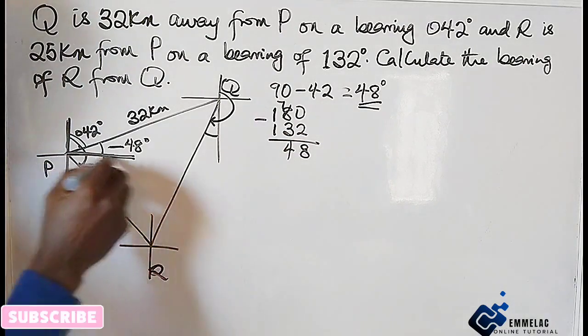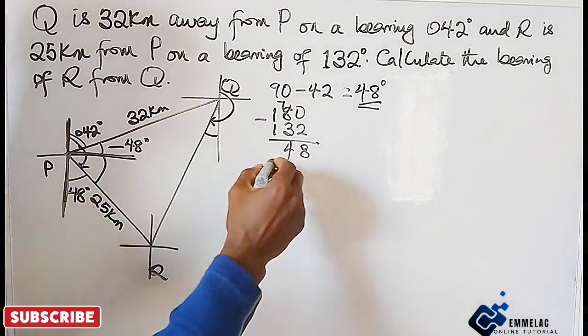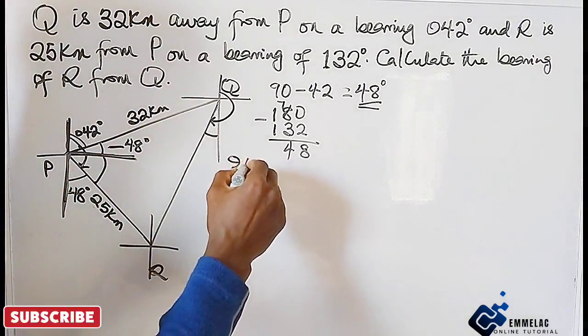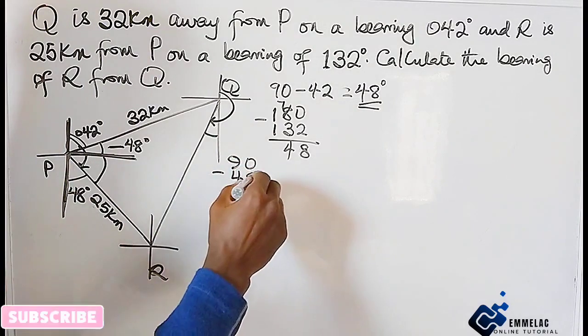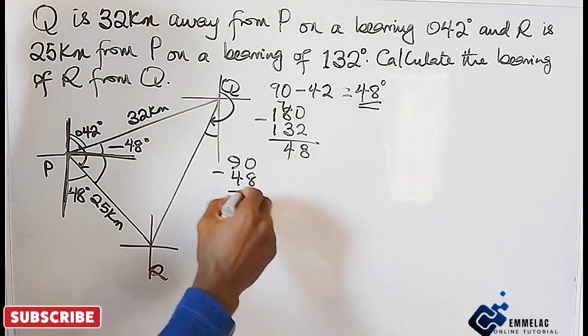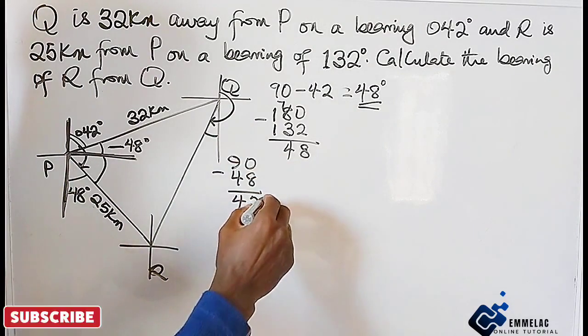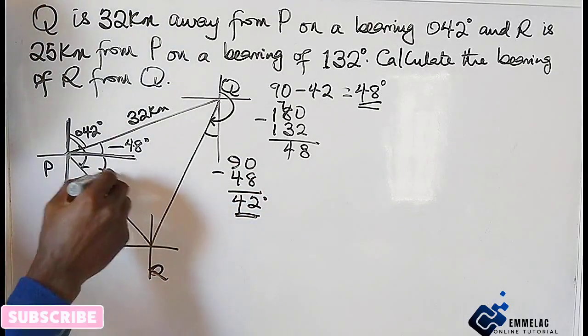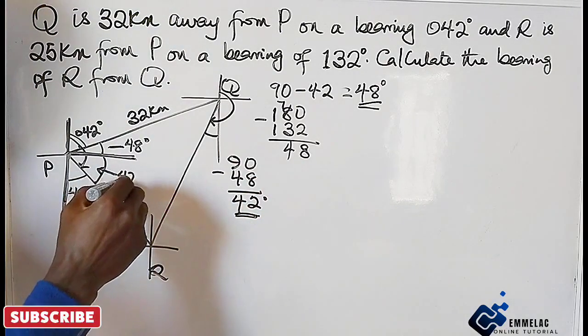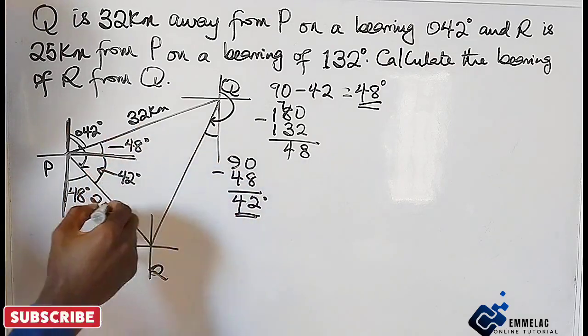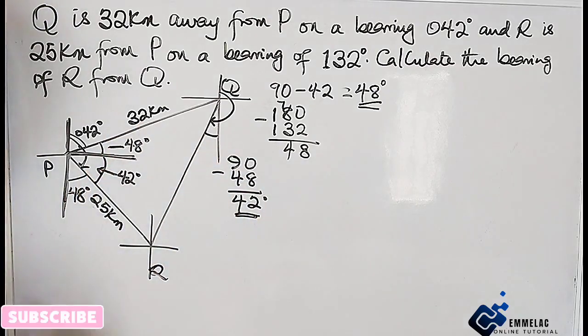So here is 48, and if here is 48, what will now be this angle here? Take note, this is also a 90 degree. So here we have 90 minus 48, and this will give us 42. So here will now become 42 degrees. Virtually the whole of this place will be 90 degrees.